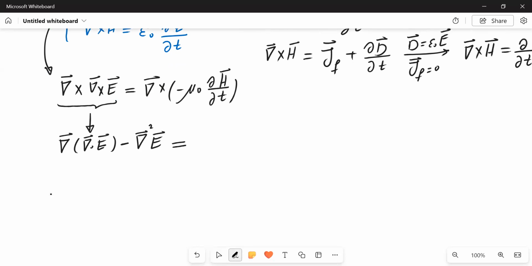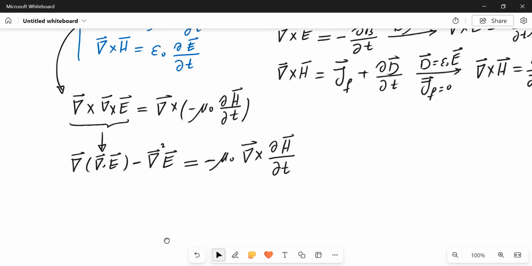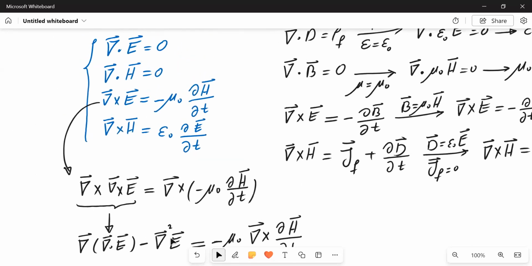The right-hand side, on the other hand, you can see that this minus mu naught is a constant. It can come outside the curl operator, and we are left with the curl of the partial time derivative of the magnetic field. All right, let's see if we can simplify this even further. Here we have the gradient of the divergence of E, but earlier we saw that in a sourceless medium, the divergence of E is 0.